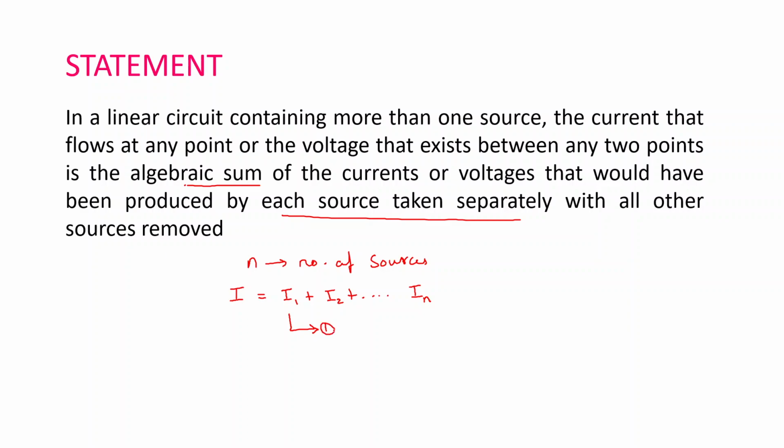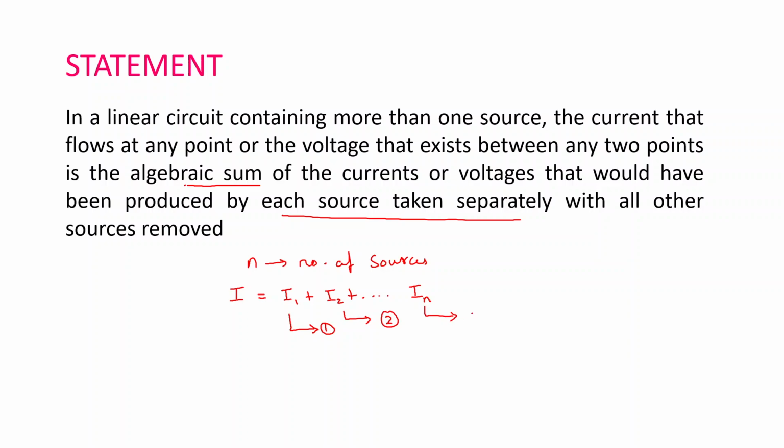You should have removed all other sources from the circuit. So I1 is the current through that element because of only source 1 acting, and I2 is the current through that element because of only source 2 acting in the circuit.